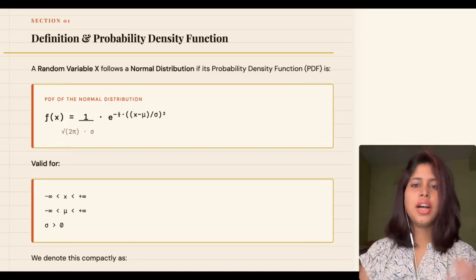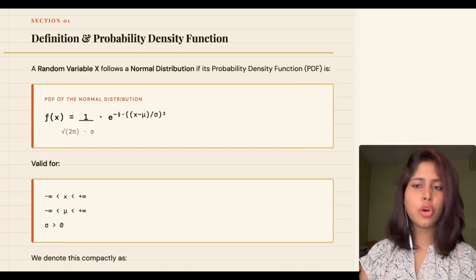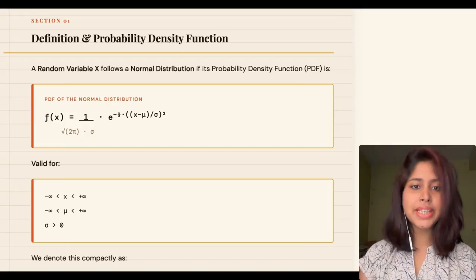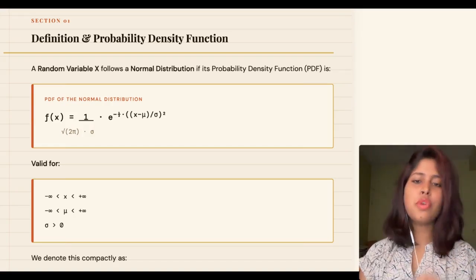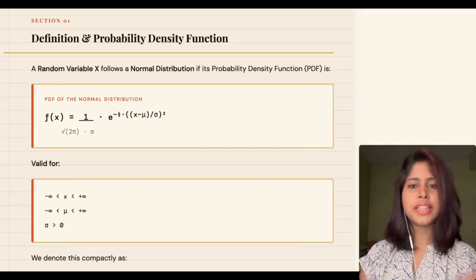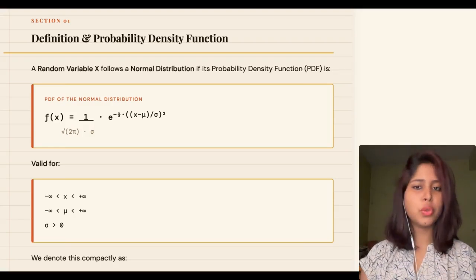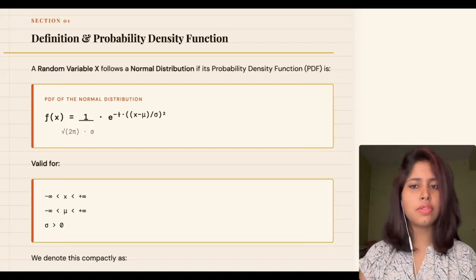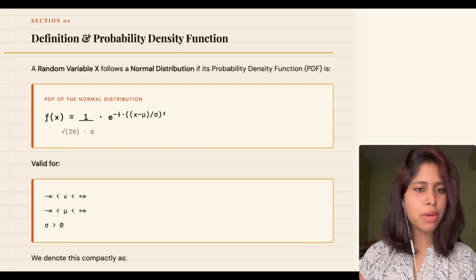See, look at here. A random variable x is said to follow a normal distribution if its probability density function, or pdf, is given by, this is the formula which you need to remember. That is, f of x is equal to 1 by root over 2 pi into sigma into e to the power minus half of ((x minus mu) by sigma) whole squared.